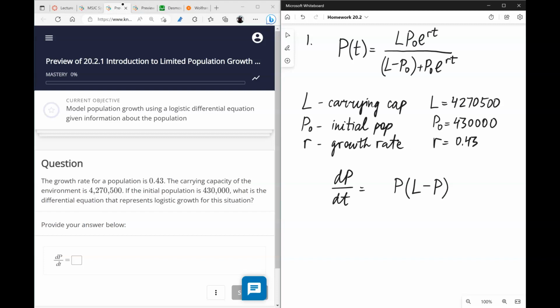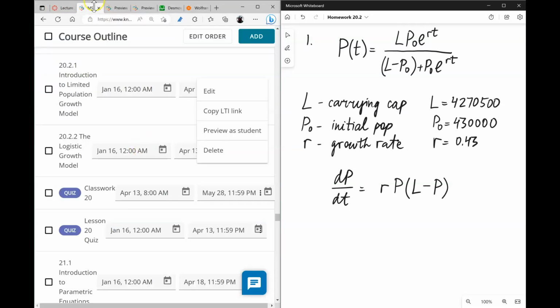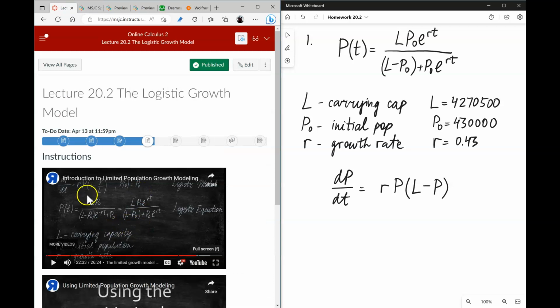Outside of that, it has to be proportional to this number. Let me double check that I'm not butchering it, and I am kind of butchering it. If you also take L out, then this needs to be divided by L. So when you divide this by L, we get the logistic equation.